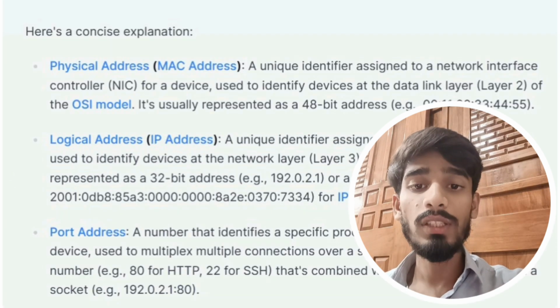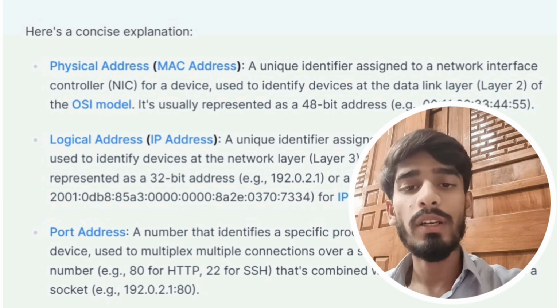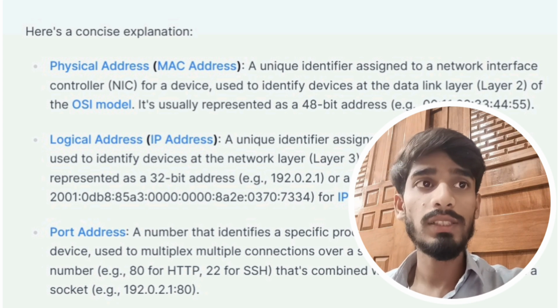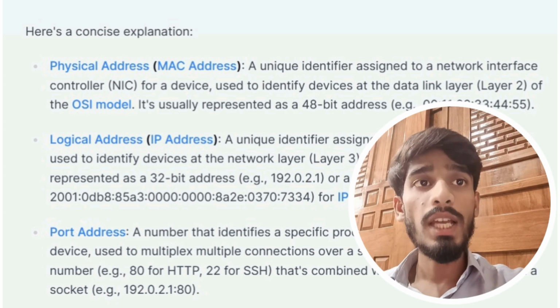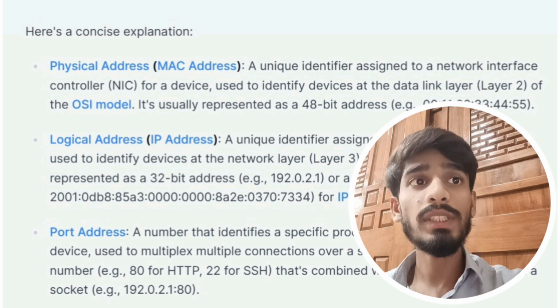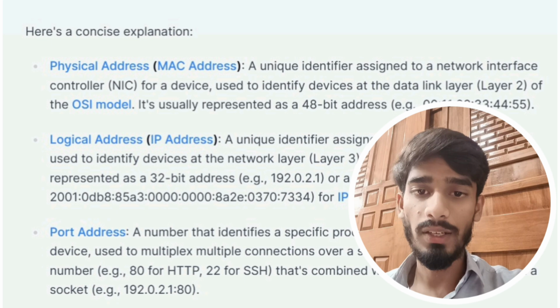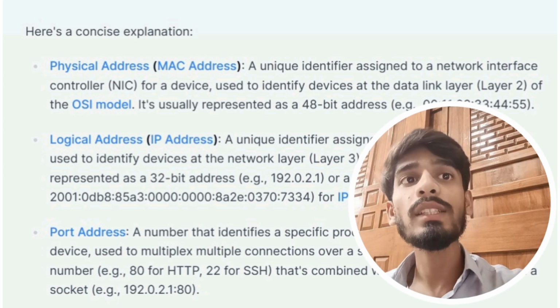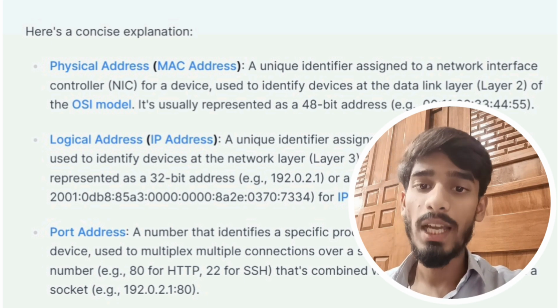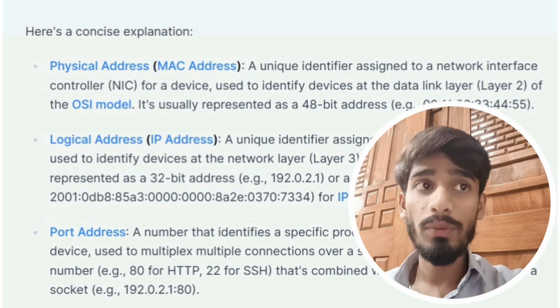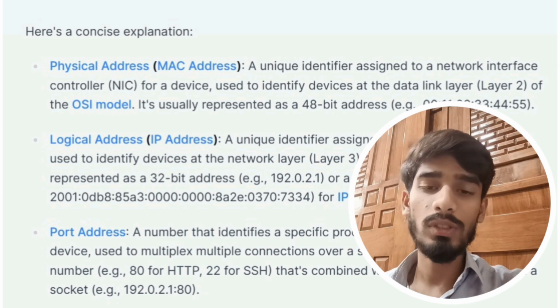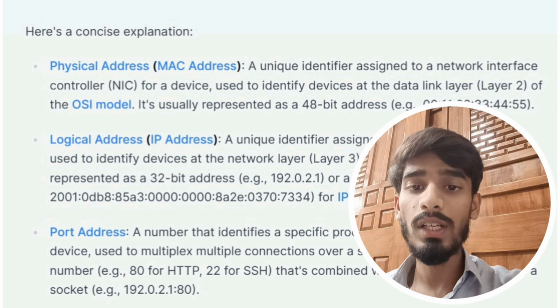Next, what is the difference between a port address, a logical address, and a physical address? A physical address identifies devices at the data link layer, a logical address identifies devices at the network layer, whereas a port address identifies specific processes or services running on a device.